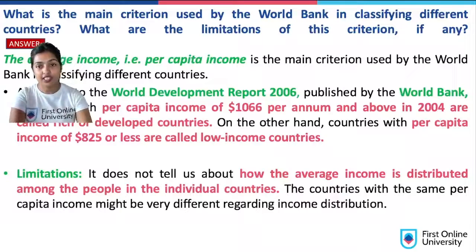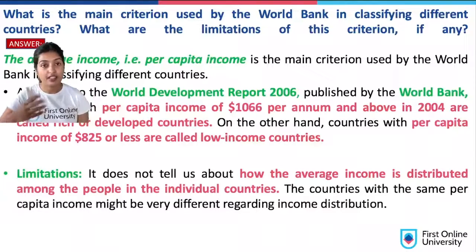The limitation is that it does not tell us how the average income is distributed among the people in the individual countries, right? Let me give you a brief example. Suppose in our country, there are two people who are making a lot of money. Now we know that the World Bank calculates the average.